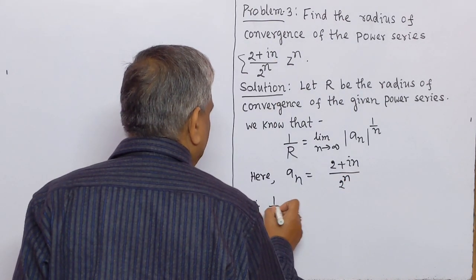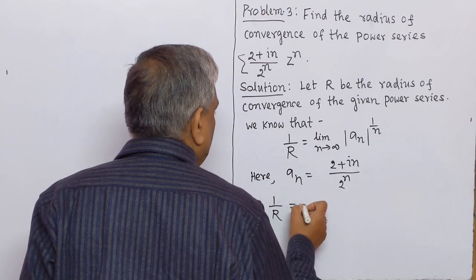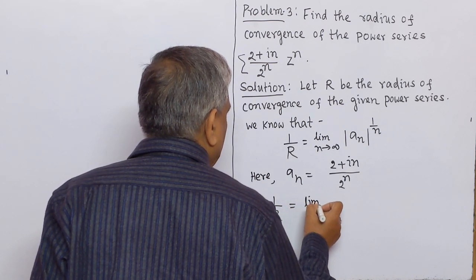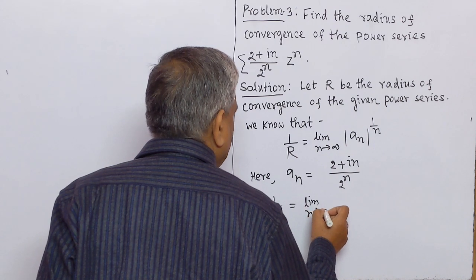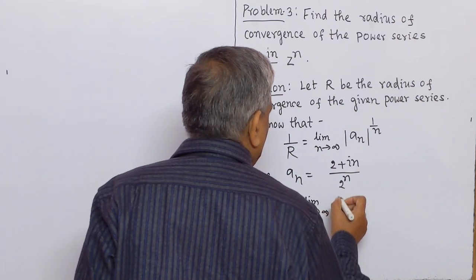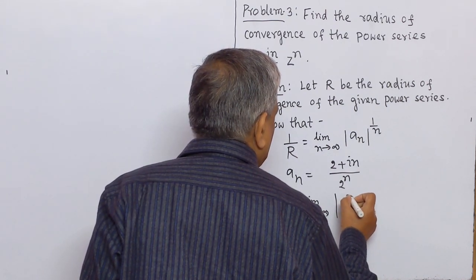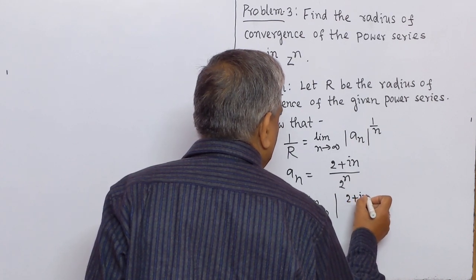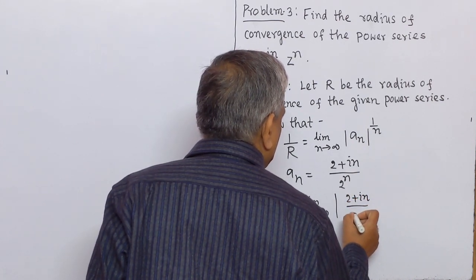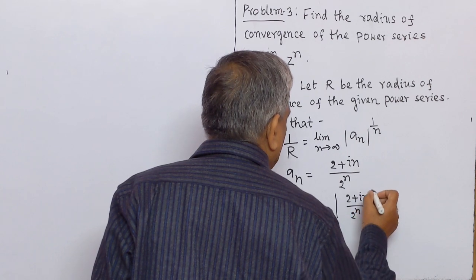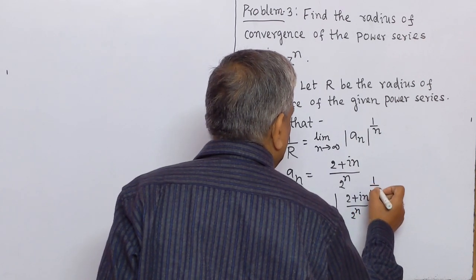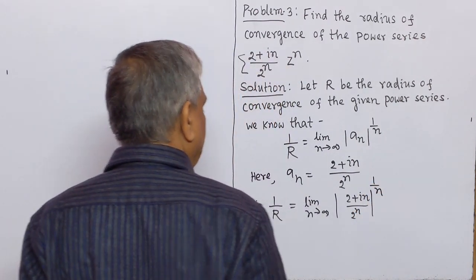Therefore 1 by r equal to limit n tends to infinity modulus of ((2 plus in) by 2) to the power n, whole to the power 1 by n.